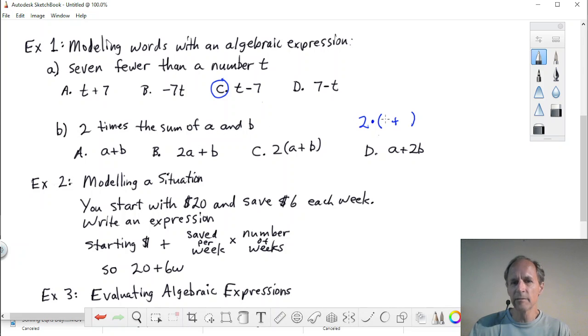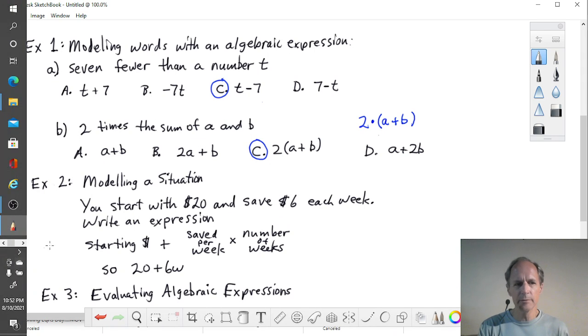Okay, the sum of a and b just means the a goes there, b goes there. That's now the sum of a and b. So that looks like that's it. Here it is. It's number C is our choice. So you can model words with an algebraic expression. You can model a situation. That's our next example.